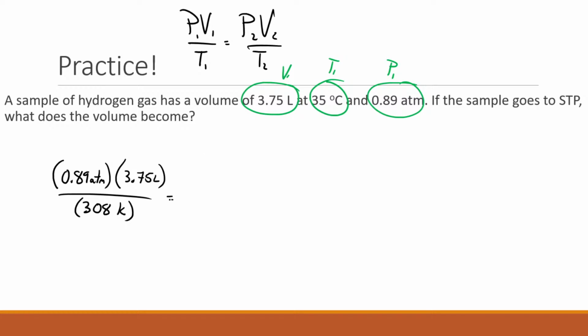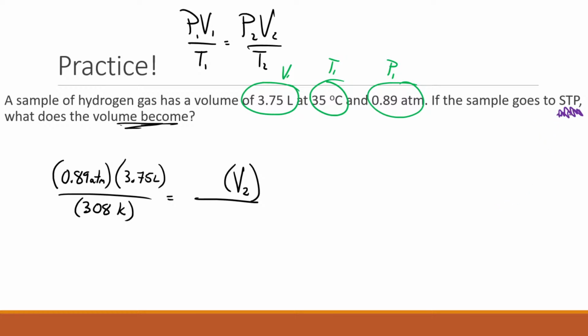But that still only gives us half of our formula filled in. When we look at the next sentence, if the sample goes to STP, what does the volume become? So we know we're looking for V2. But we're missing our pressure and our temperature. They didn't give us numbers in the problem. But they say STP.